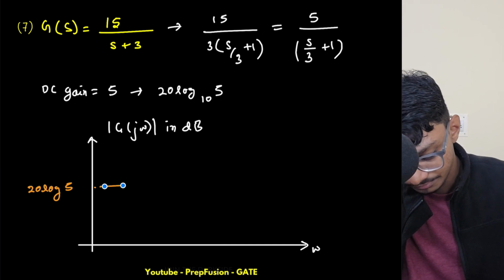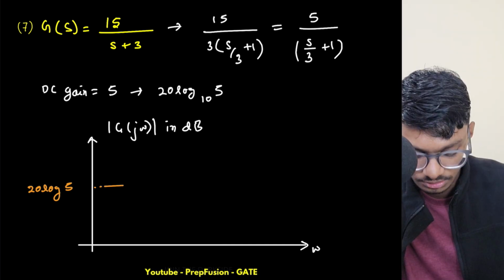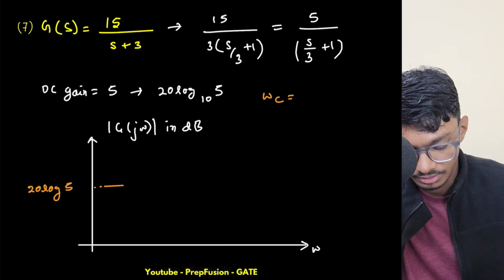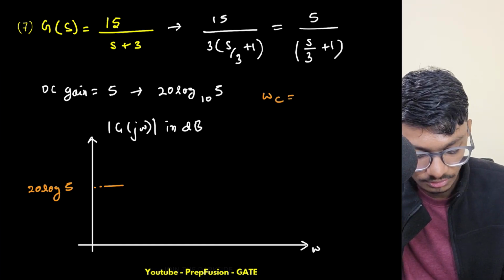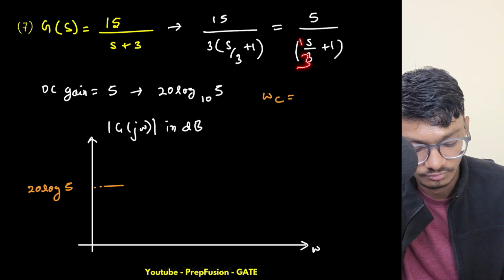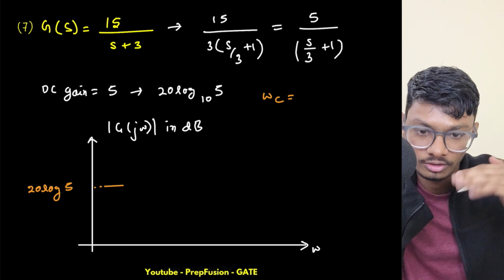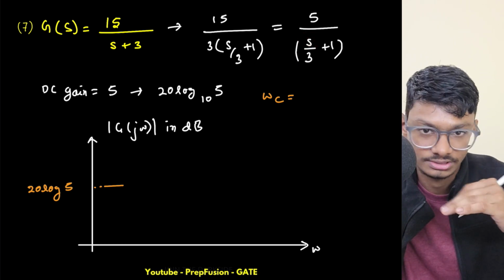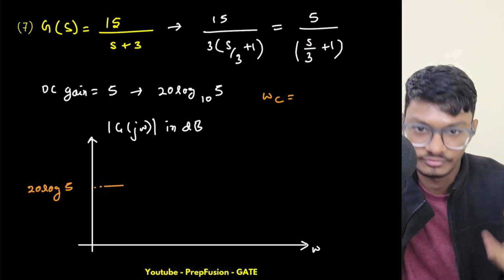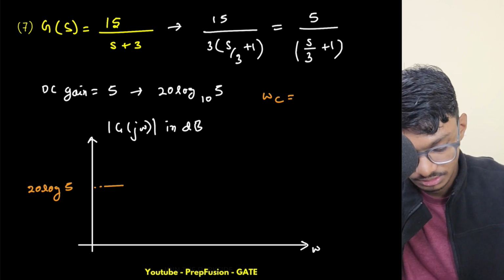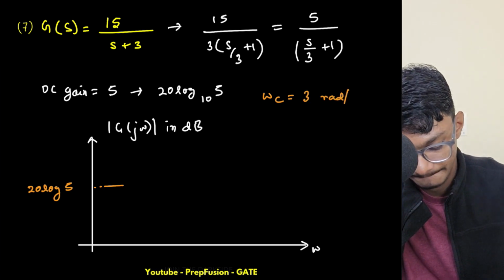What is the corner frequency here? We have only one corner frequency. It is 1 by tau, so 1 by 1 by 3, which is 3. Or you can say directly, whatever is in the denominator of this s term is the corner frequency. So 3 radian per second.